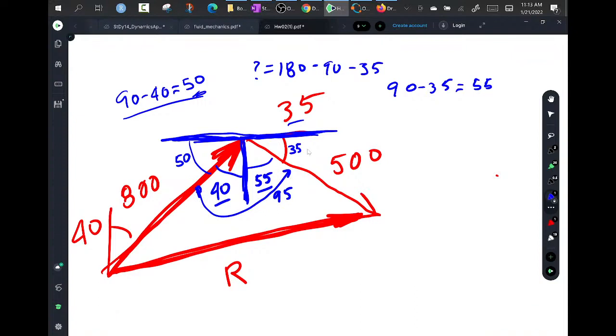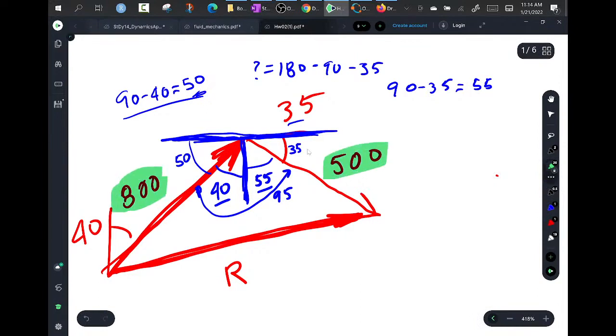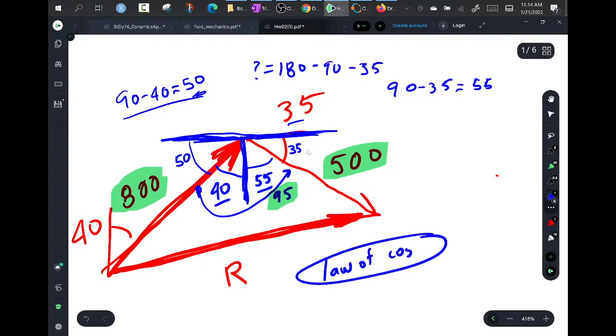So now, what do you have? You've got the length of one side, the length of the other side, and the angle between them. So just like that, you can use the law of cosines, and that law of cosines will give you this resultant here.